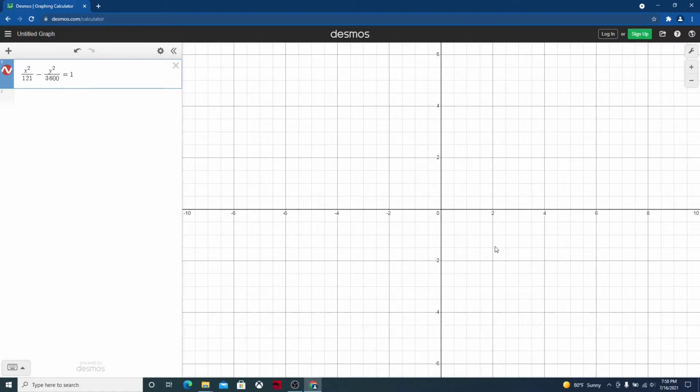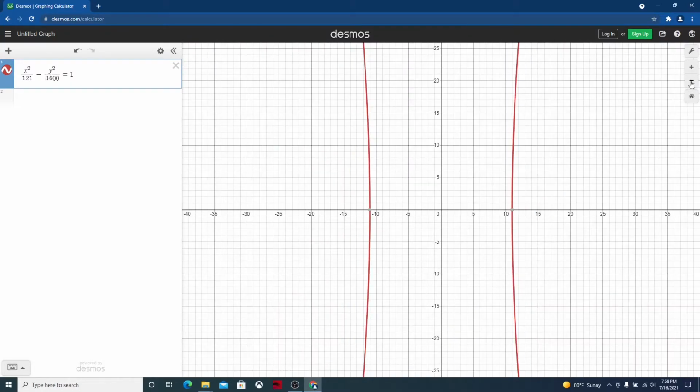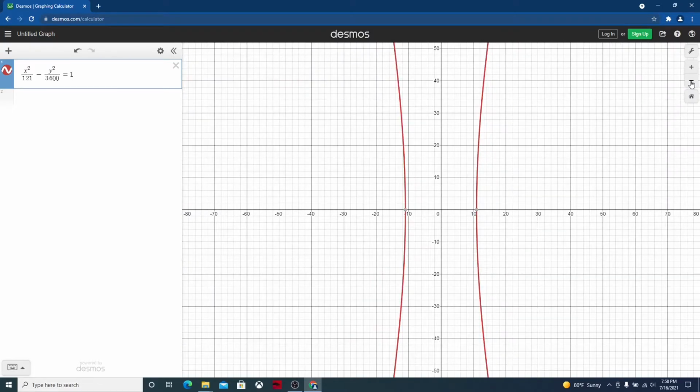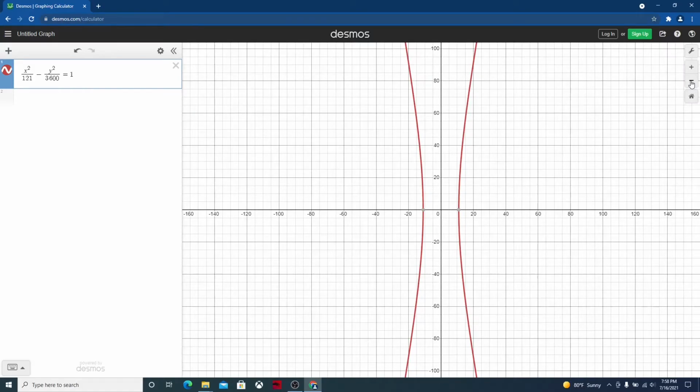Okay, we can't see the hyperbola at this point. That's because we are inside the hyperbola, so we're going to zoom out. And there it is. Zoom out a little bit more, maybe one more. There we go. Okay, so there's our hyperbola. It's like those two fans, one opening to the right and one opening to the left.